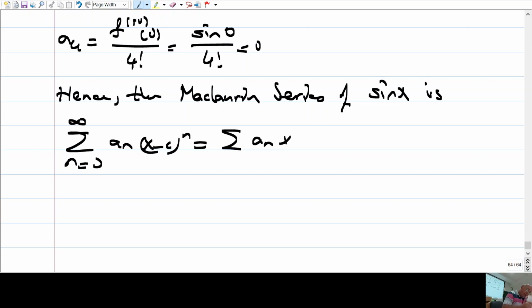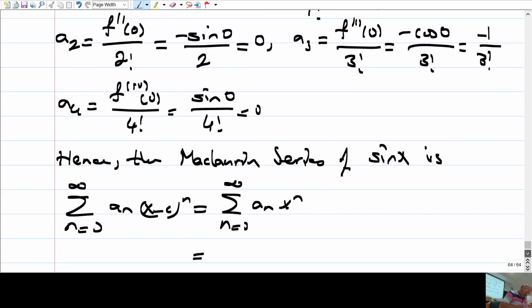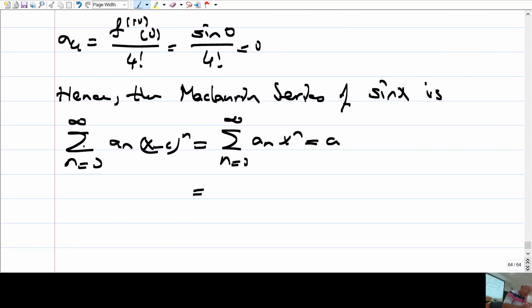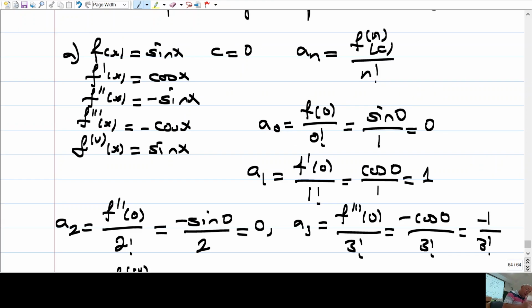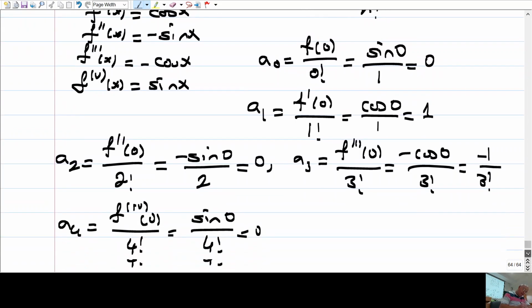So this is a_n x to the power n. And we computed all these terms. So let me write a couple of terms: a0, then a1 x, a2 x squared, a3 x cubed, and so on. A0 is 0. So it is 0, 1, 0, minus 1 over 3 factorial, and so on.